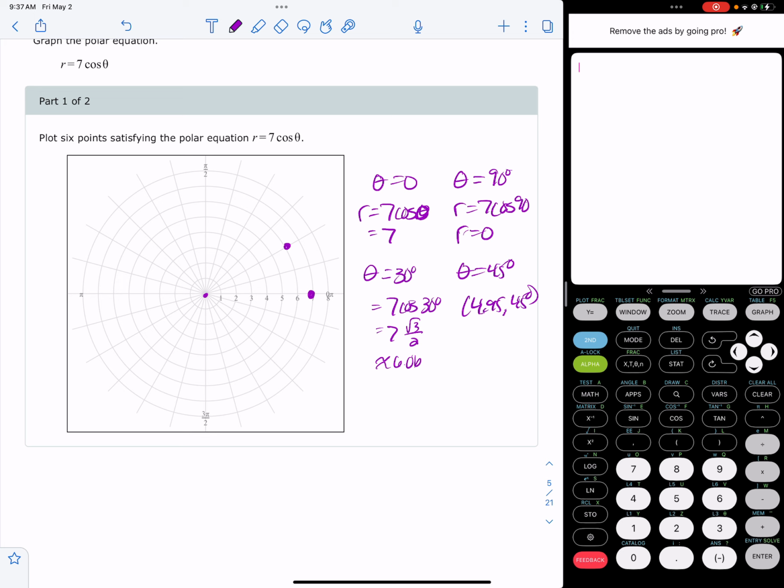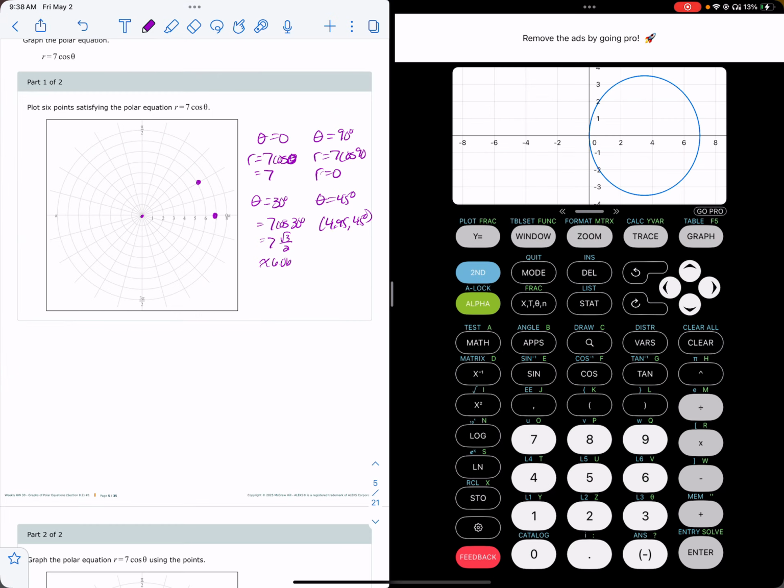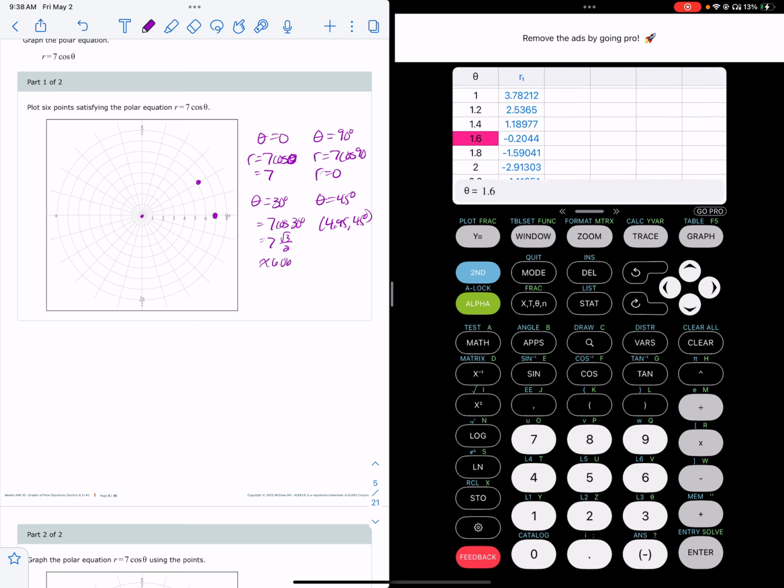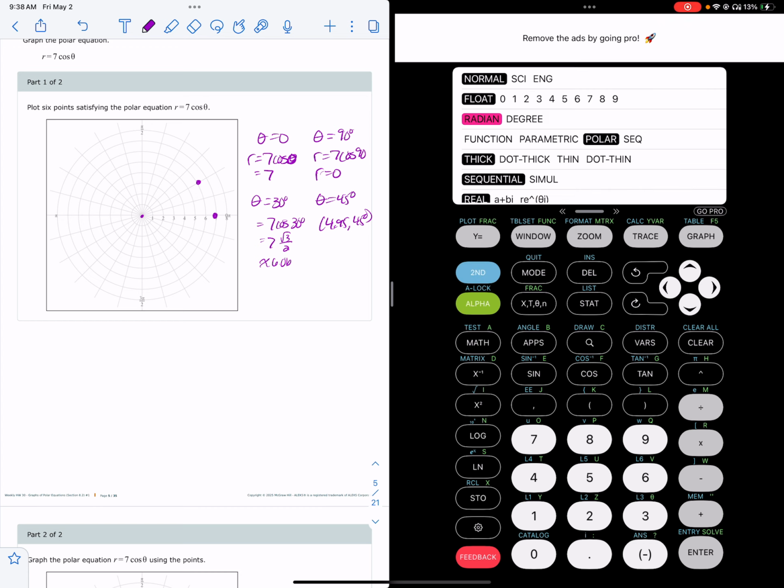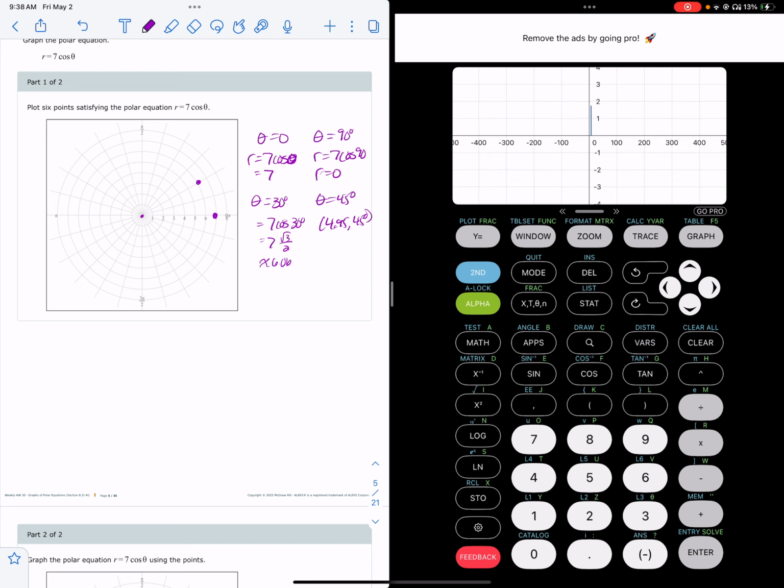Now, I think we might be able to, I'm going to check. So we're zooming 7 here. Okay, so here's what we've got. Now, keep in mind the graphing calculator probably distorts it a little bit because it's not square, and plus I've got the screen all messed up. But if we go to our table, you'll notice right now we are in radians. If we go to degrees, it won't work.